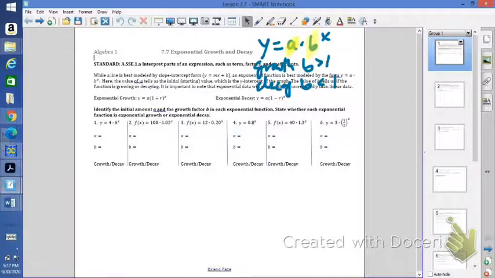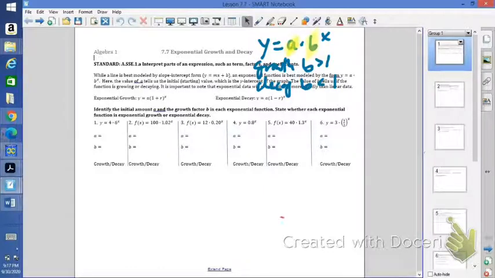So we're going to identify the initial amount a and the growth factor b in each exponential function. State whether each exponential function is exponential growth or exponential decay. So in the first one we have y equals 4 times 6 to the x.